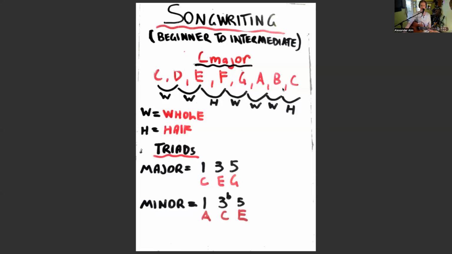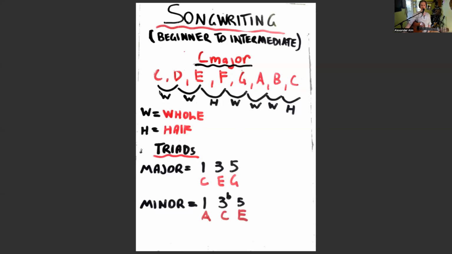Okay, so now that we know that, there are 7 different intervals in the C major scale specifically. We can take certain notes from this scale, put them together, and they form a chord. In this case, we're going to be working with triads.